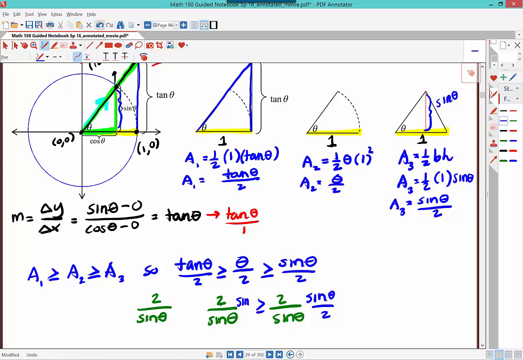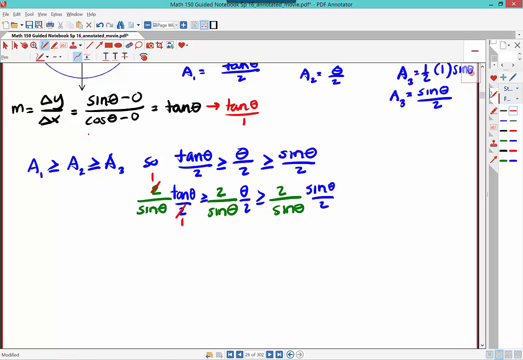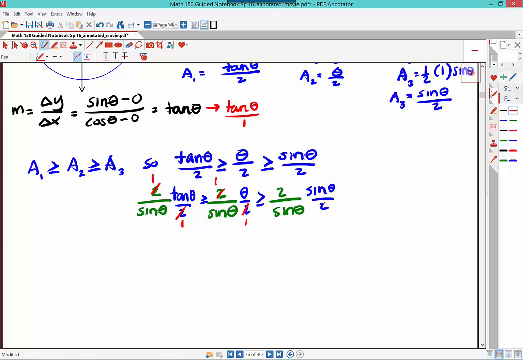Oops, my bad. This would still be theta over 2, and this would be tangent theta over 2. And then let's simplify this, okay? You can see that all the 2's will divide out to be 1.